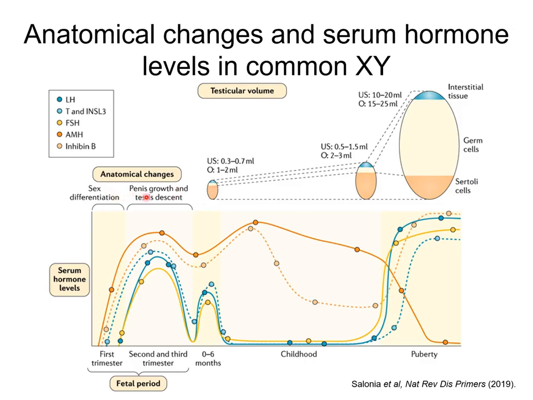And so from fetal life, we have the penis growth and the testes descending, and the testes are a certain size, and they stay relatively constant throughout childhood and right before puberty, and then we see this increase in the volume. Right before puberty, the majority of the testicular volume is made up of Sertoli cells, whereas eventually during puberty, when spermatogenesis really takes off and the sperm begin to divide, this is when the majority of the volume of the testicles is taken up by germ cells, the actual sperm.